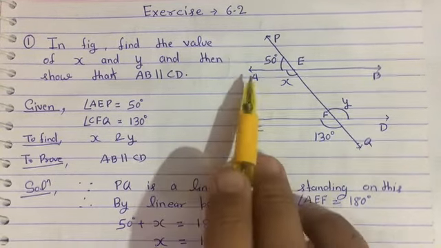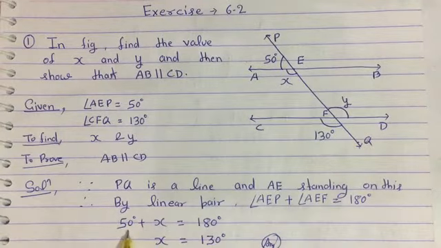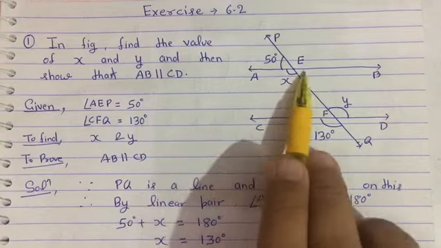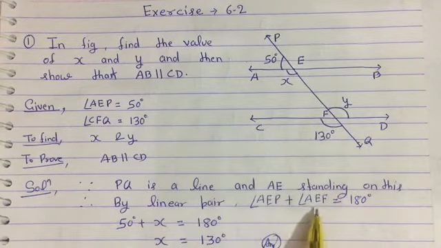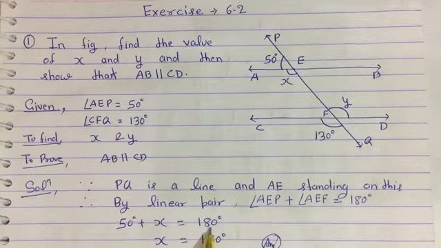And now put the values. The value of angle AEP is 50 degree and the value of angle AEF, this is x. So 50 plus x is equal to 180.